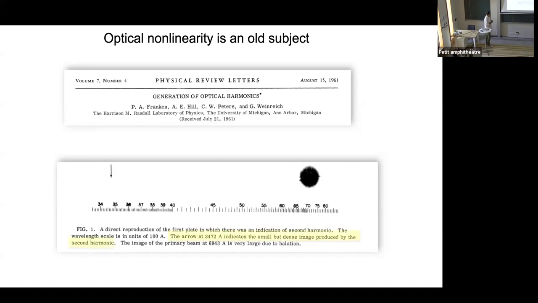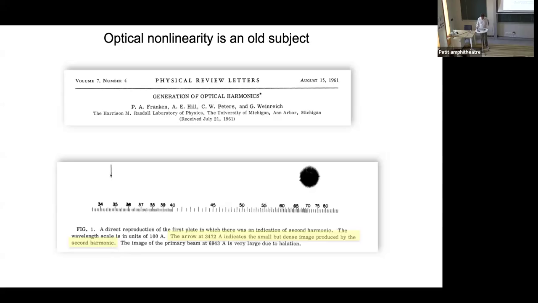You can read here: the arrow at 3,472 angstroms indicates a small but dense image produced by the second harmonic. So that's the first harmonic, that big spot. It says it indicates a small but dense image produced by the second harmonic, but there's nothing there. Famously, the copy editor thought this was a speck of dust. And this seminal result in optics and nonlinear physics, the speck of dust, as they thought, was taken out of the image and removed.